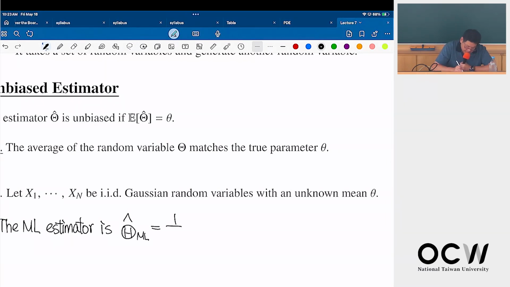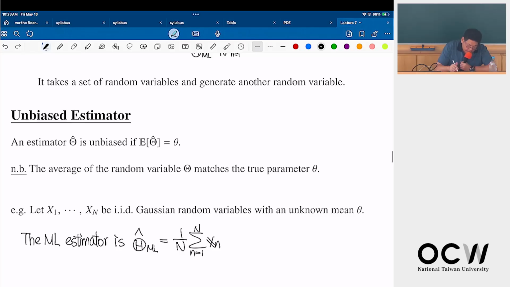This is the average of your Gaussian random variable x. And let's say something here. The average of a random variable matches the true parameter.